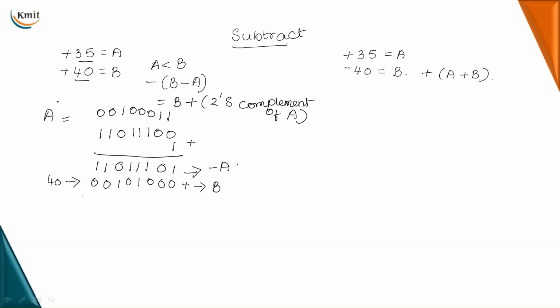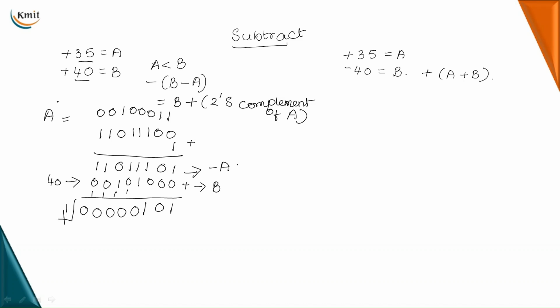B plus minus A. Adding bit by bit, the final 1 plus 1 is 1, 0.